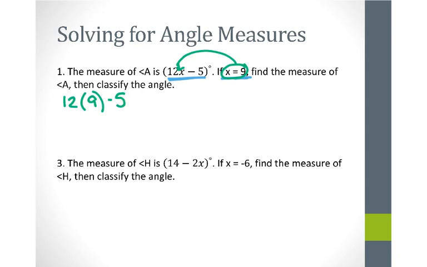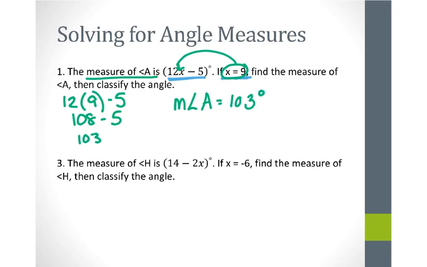Now simplifying, you get 108 minus 5, and that's 103. Because this says the measure of angle A, I want to show measure of angle A equals 103 degrees, since angles are in degrees, and then classifying it.